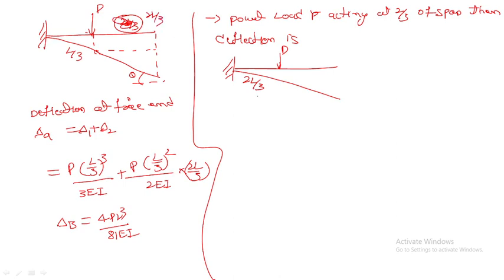This is 2L by 3, but now the condition is reversed: 2L by 3 and this is L by 3.